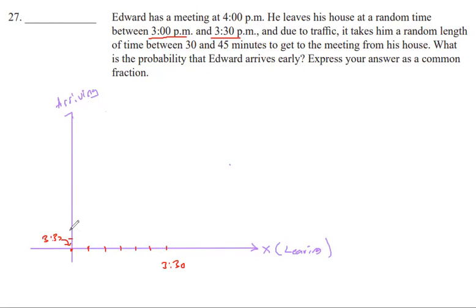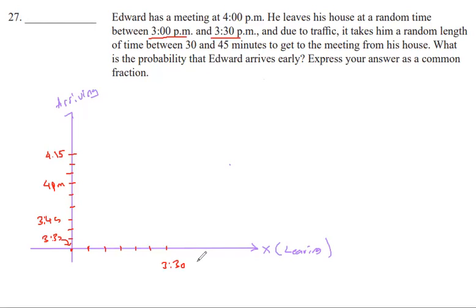And then this is 35, 40, 45, like 50, 55, and 60. This is going to be 4 p.m. and 5, 10, and 15. This is 4:15. We don't need more than that because we are going to get there at most in 45 minutes. If he leaves around 3:30, that will be 4:15.